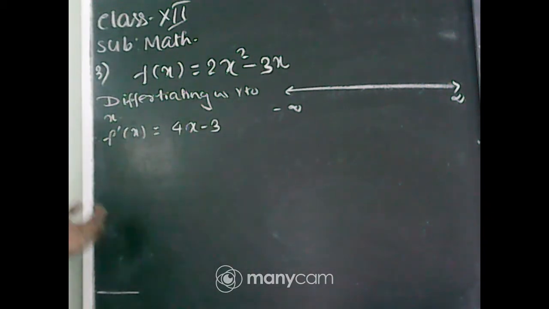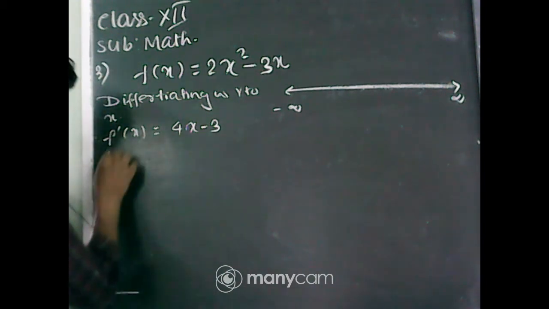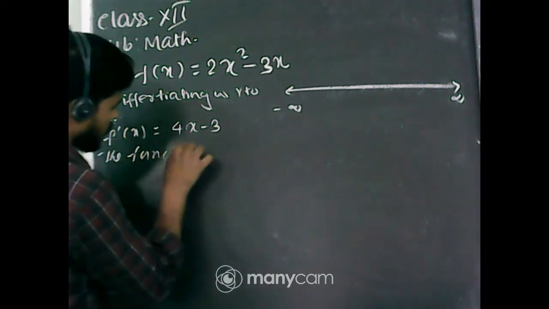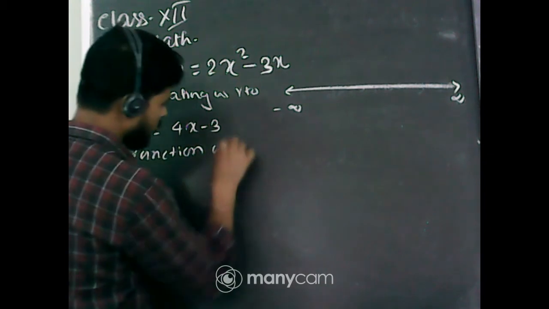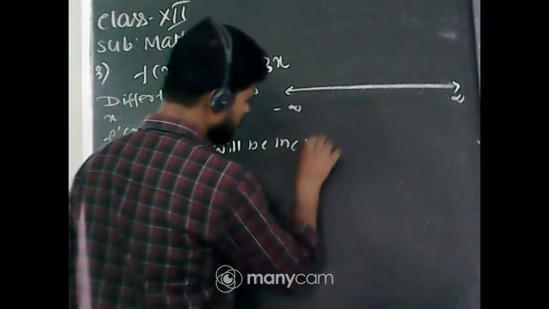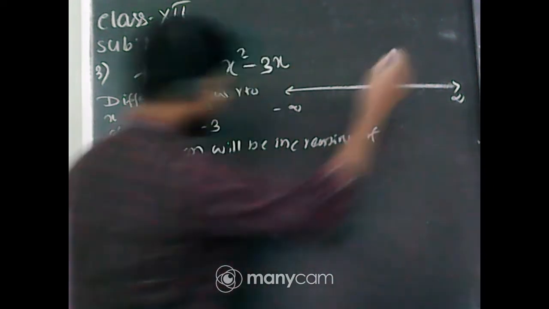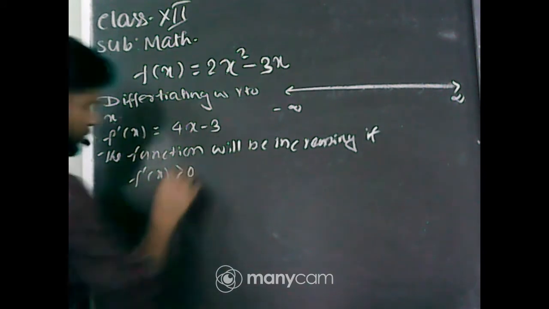Okay, now the function will be increasing if f dot x is greater than 0.